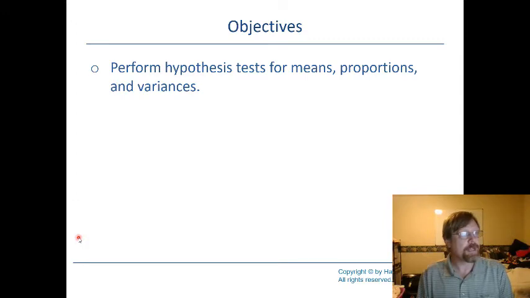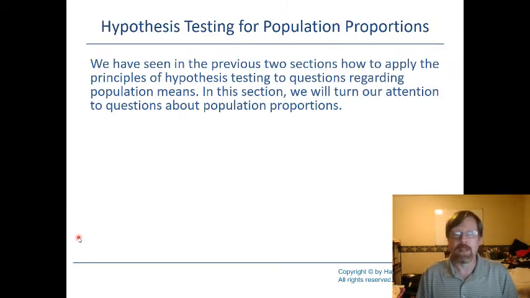We're not really getting into population variances in this course. But we've covered means a couple ways, and we're talking about proportions now. So in the last two sections, we used a certain algorithm, did things in a certain order.